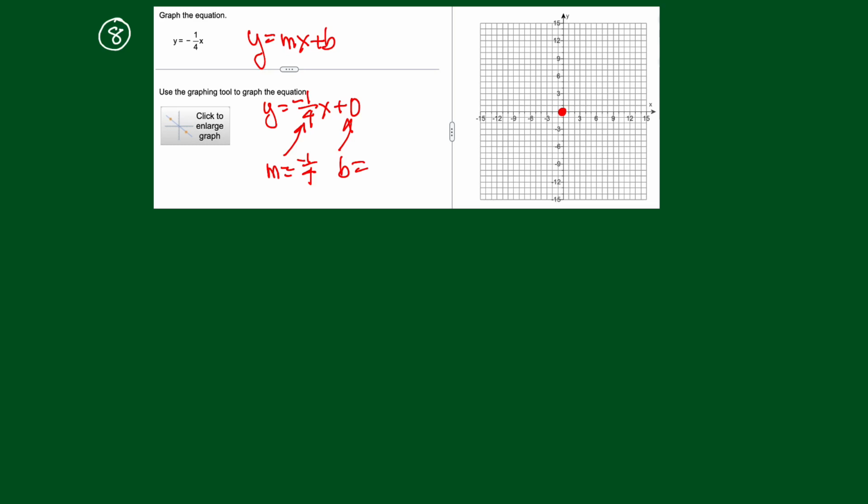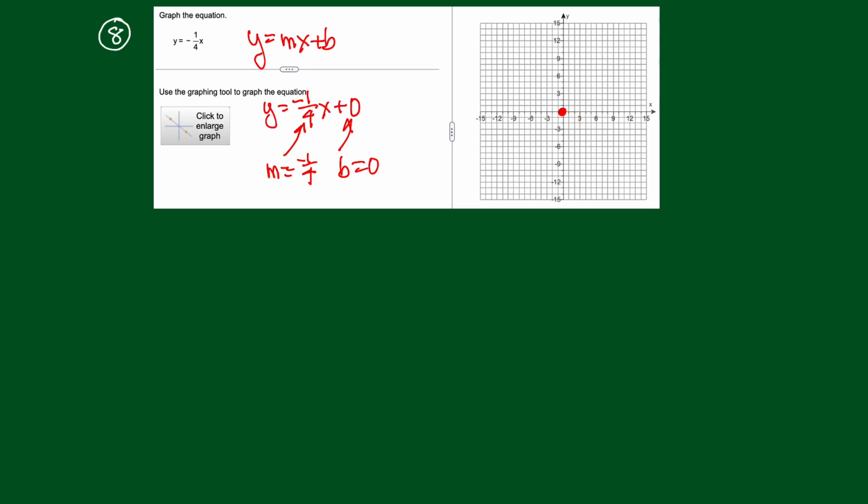Now, they give us this huge coordinate system. It's going to be a little tight here. So -1/4. I'm going to start at that b. Oh, b equals 0. Start at that 0, the origin. Go to the right 4, down 1. All right, so to the right 4, 1, 2, 3, 4, and down 1 puts us right there.